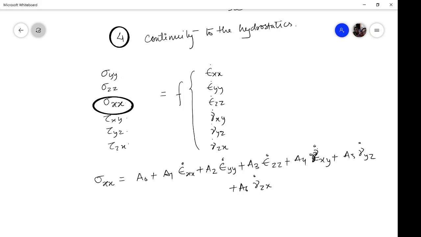So total how many unknowns are there? 1, 2, 3, 4, 5, 6, 7. So 7 unknowns for sigma xx. How many stresses? 6. So you have 6 equations, and in every equation you have 7 unknowns. So how many unknowns are there in totality? 42 unknowns.